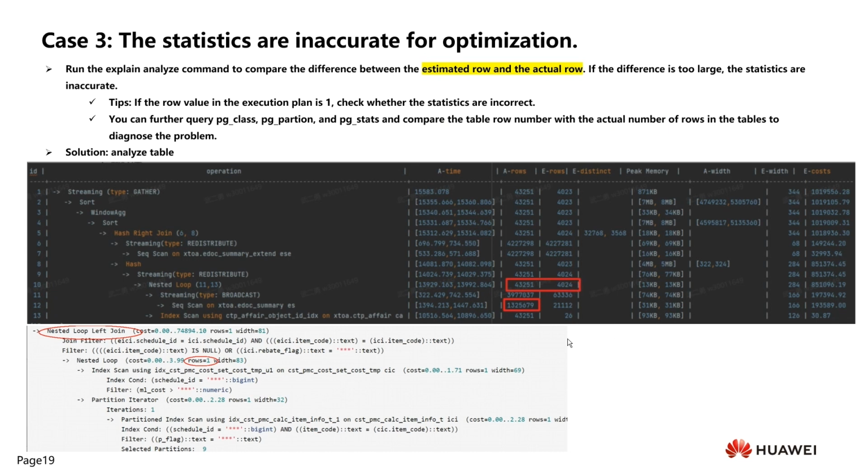And in the bottom example, we see there is a row count that is equal to 1. We need to be especially sensitive to the number 1, because when the statistics have not been collected, the default value for the row count is 1. So that probably indicates that the statistics have not been collected yet. So it's best to analyze the table first before we continue any further.